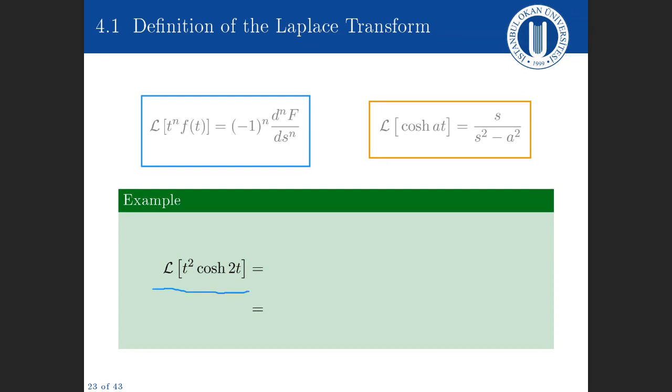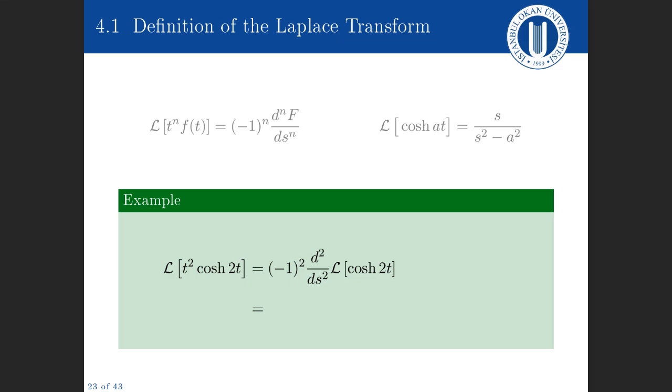We have the Laplace transform of t squared multiplied by a function. So using the formula, that must be the same as minus 1 squared multiplied by the second derivative of the Laplace transform of cosh 2t.